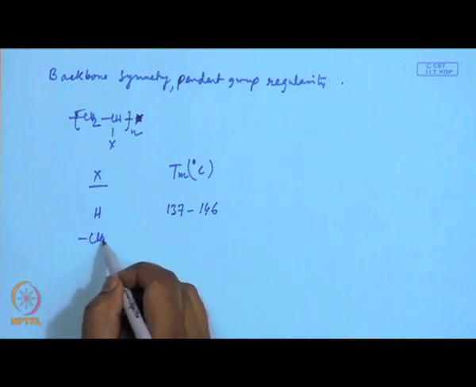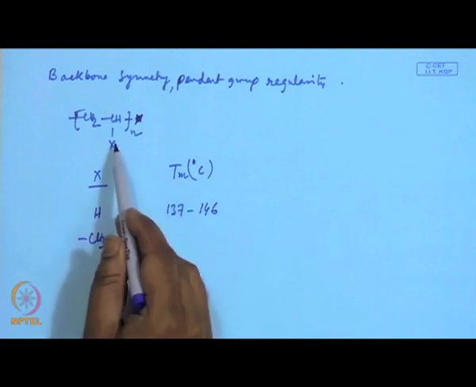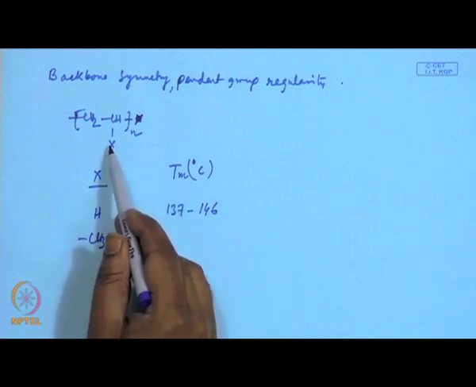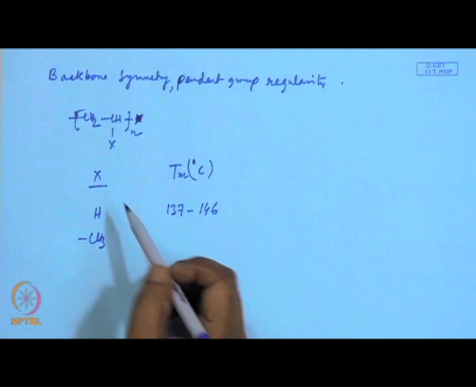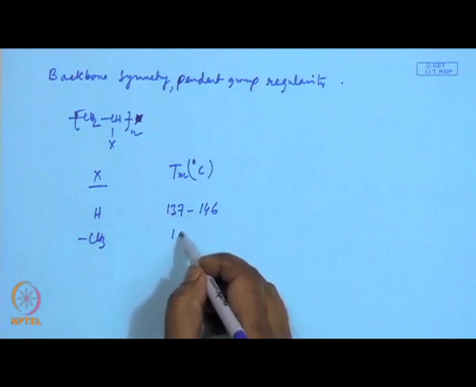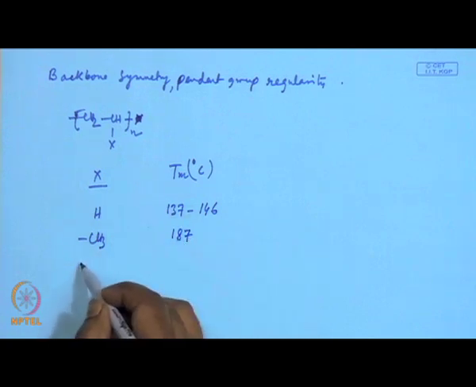When this is CH3, if you have CH3 group, the polymer chain becomes more stiffer, hence the Tg goes up.